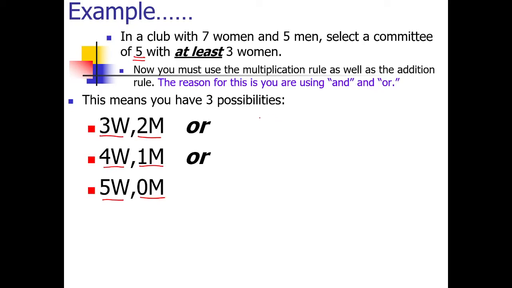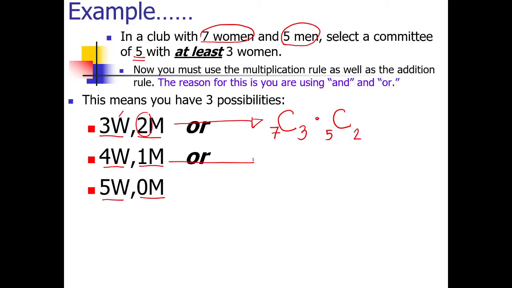Okay. Let's begin first with this. We have a combination. A combination of how many women? Let's start with the women. How many women are there in all? Women, 7. How many do we take? 3. We multiply this by the men. How many men do I have? 5. And then I take two. There you go. Next, here for the 4 women.